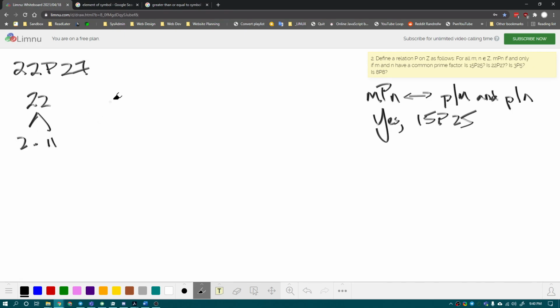And then the factors of 27 are 3 times 3 times 3. Yep, you're right. So they have no common prime factors. Perfect. So since they have no common prime factors, the answer is no. 22 does not relate to 27 through P. Okay.